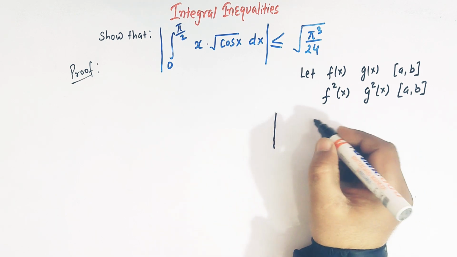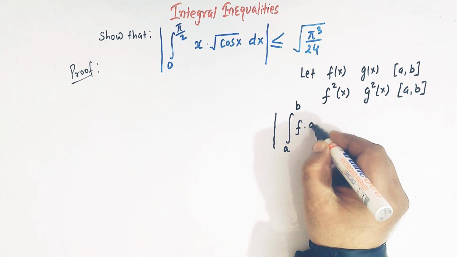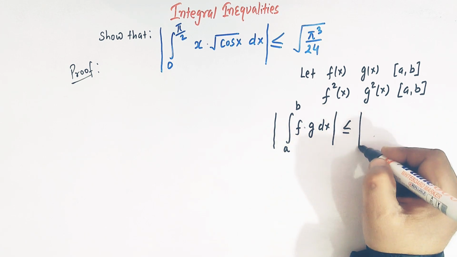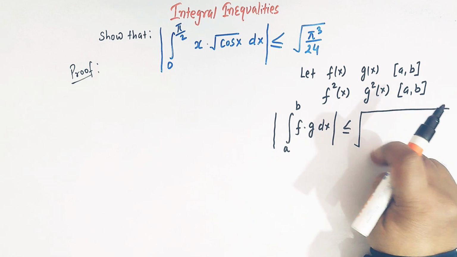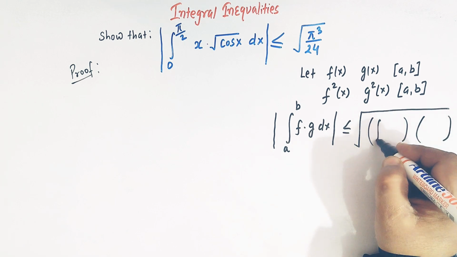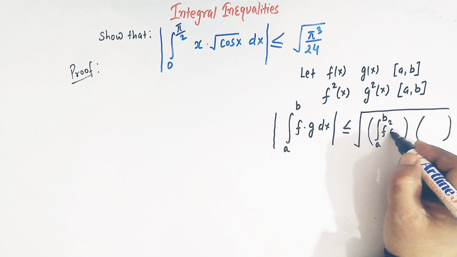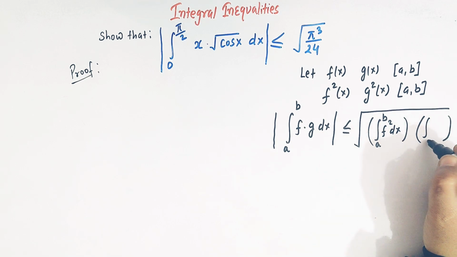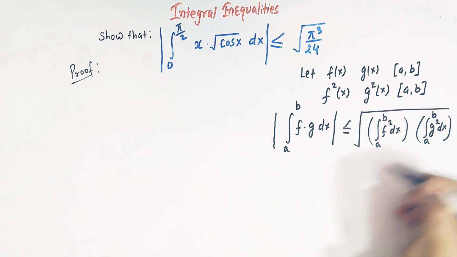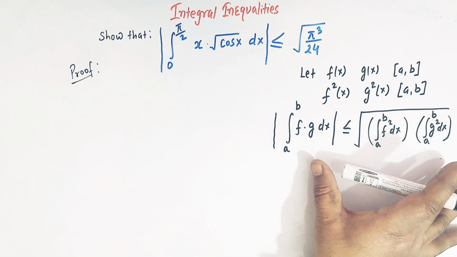then the Cauchy-Schwarz inequality says that the absolute value of the integral from a to b of f times g dx is less than or equal to the square root of the product of these two integrals. The first is from a to b, f square dx, and the second is from a to b, g square dx.